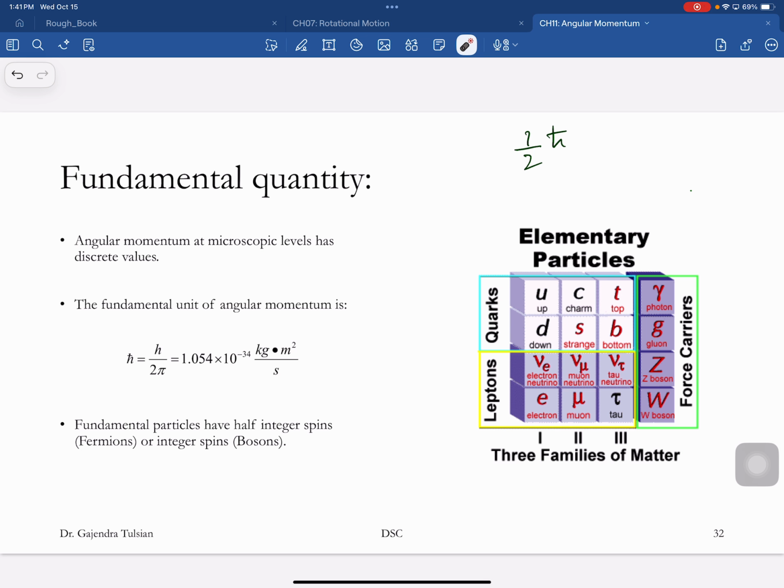If your angular momentum is a half integer times h bar, then you're called a fermion. If your angular momentum is an integer times h bar, then you're called a boson.